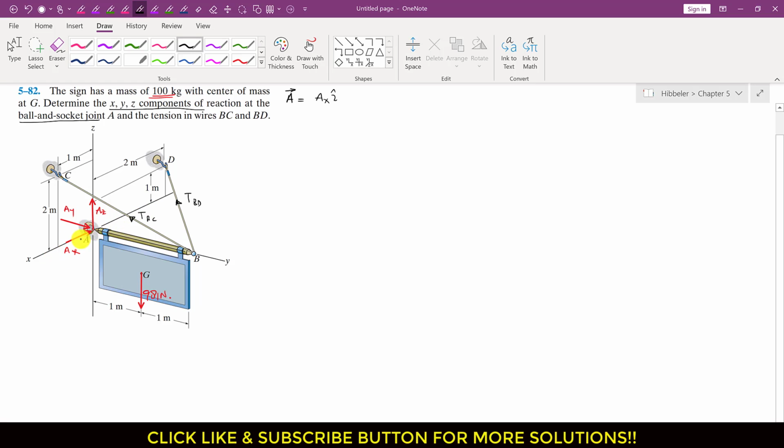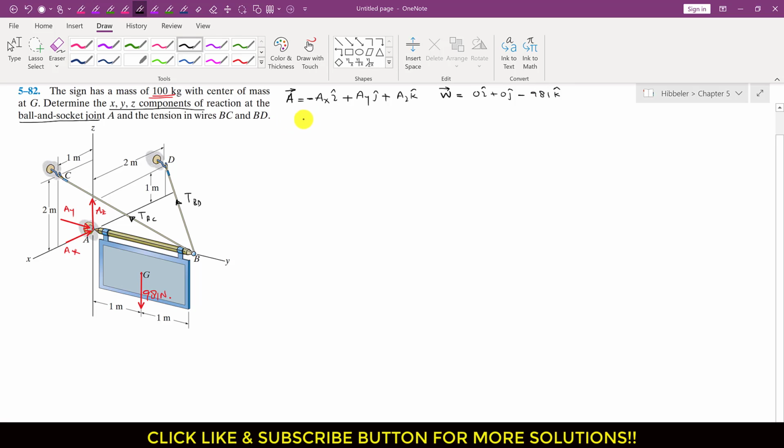This AX is acting in the negative x direction, so let me write minus AX i, and then plus AY j plus AZ k. Similarly I will write the weight vector. The weight is only acting in the negative z direction, so it is 0 i plus 0 j minus 981 k.